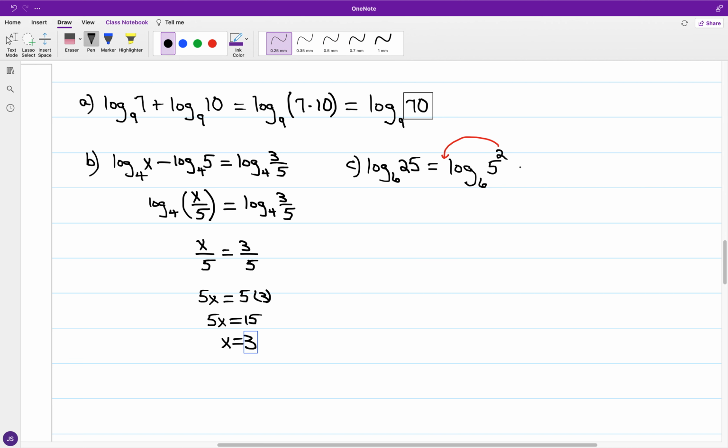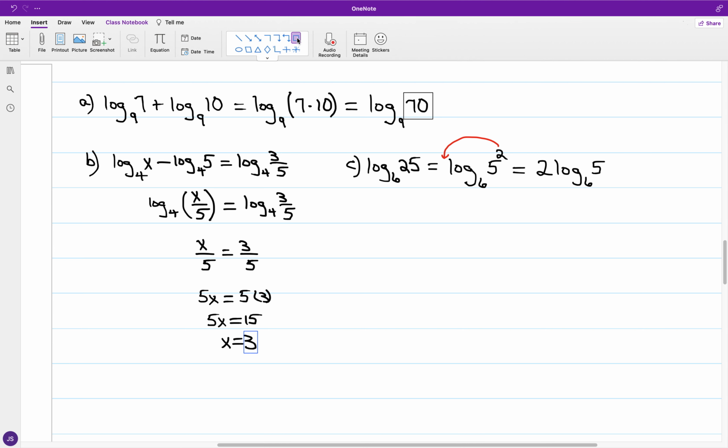So if I have an exponential base raised to a power, I can rewrite that power as a coefficient. And so we're going to end up with 2 times the base 6 logarithm of 5.